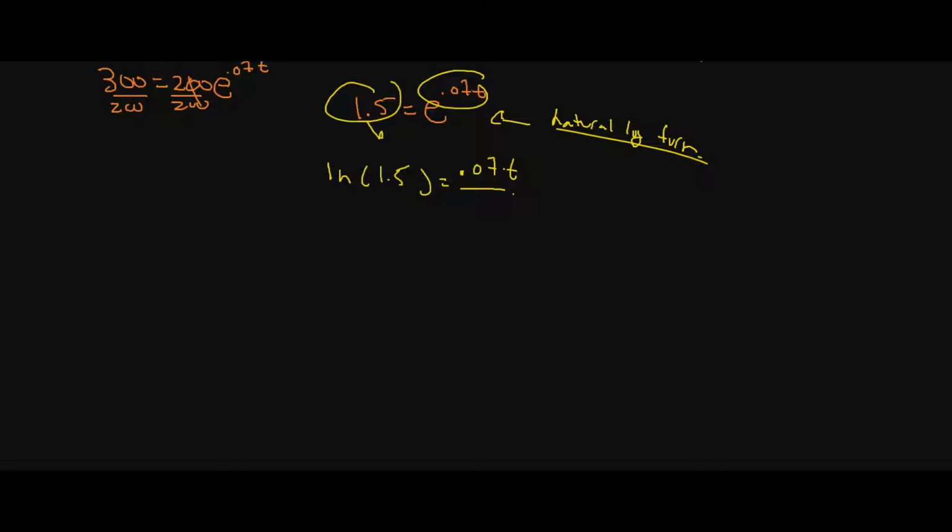So let me just write it one more time. We have ln, natural log, of 1.5 is equal to 0.07 times t. Let's divide by 0.07 on both sides, and we get t is equal to ln of 1.5 divided by 0.07.